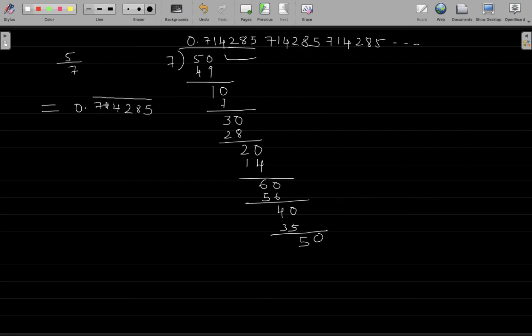You understand? So such decimals which never end, which go on forever, are called repeating decimals or recurring decimals. So when you're converting fractions into decimal numbers, either you get a terminating decimal or you get a repeating decimal.